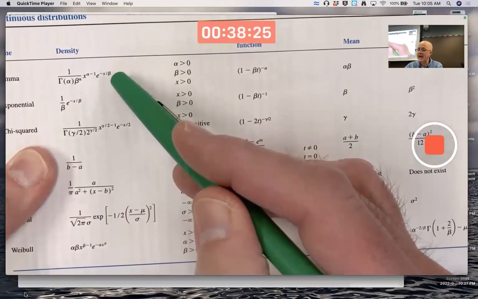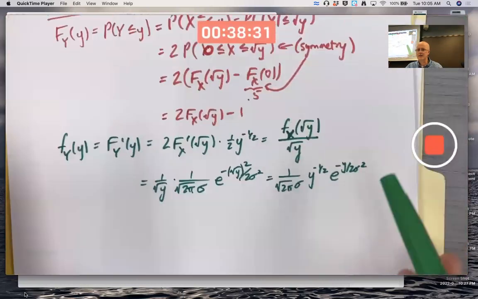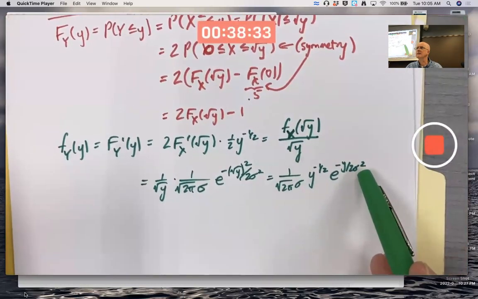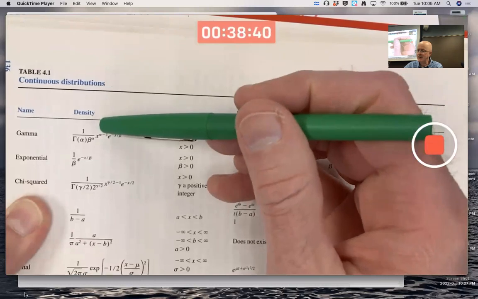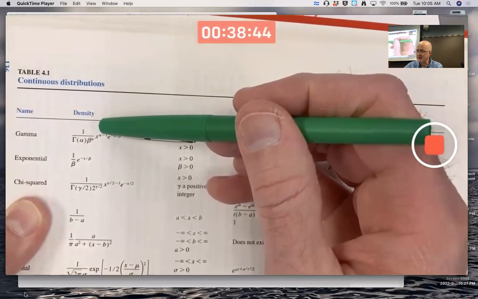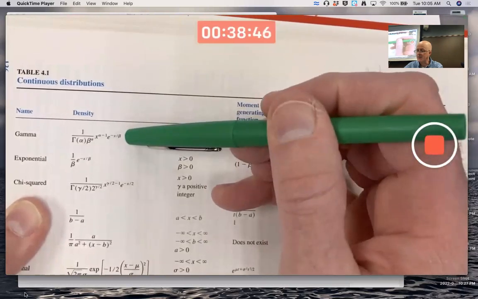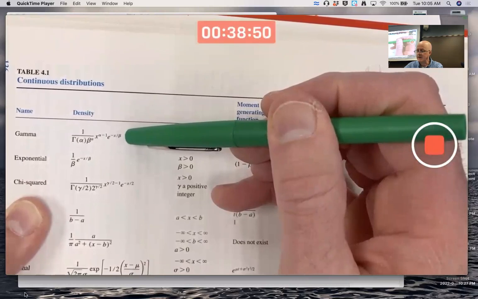If it's going to match the gamma, beta would have to be 2 sigma squared, because that's what I'm dividing by there. And to make this exponent negative 1/2, alpha would have to be 1/2. So it possibly looks like it could be a gamma with alpha equal to 1/2 and beta equal to 2 sigma squared. Does it work?